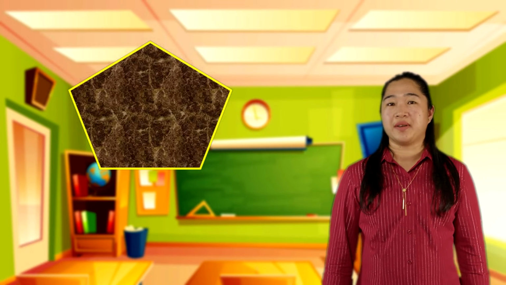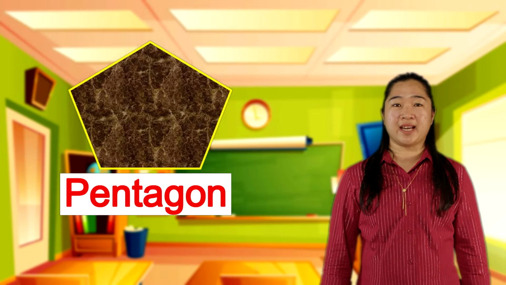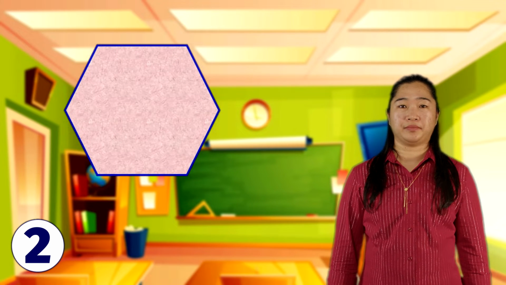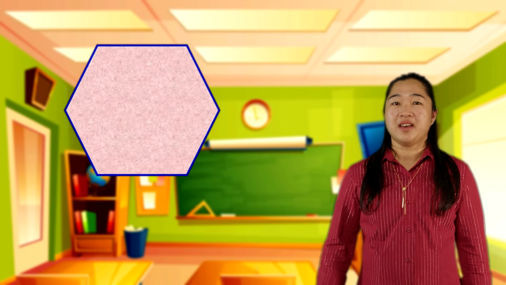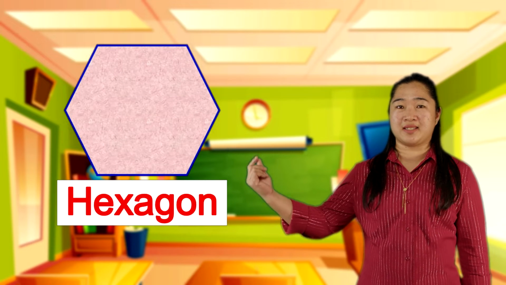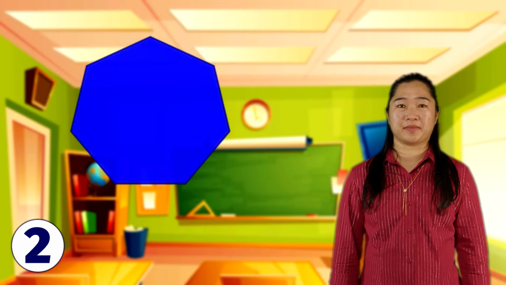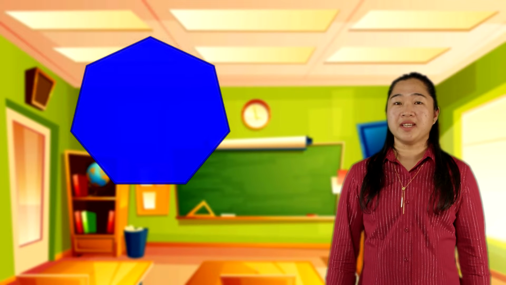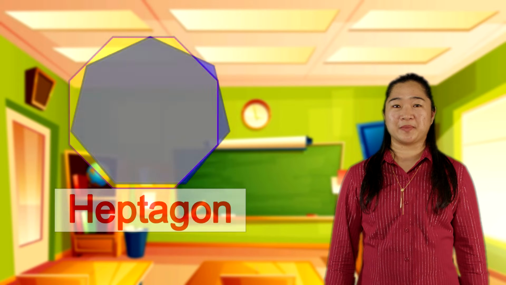Nice answer. This is a pentagon. It has 5 sides. Excellent. This is a hexagon. It has 6 sides. Very good. This is a heptagon. It has 7 sides.